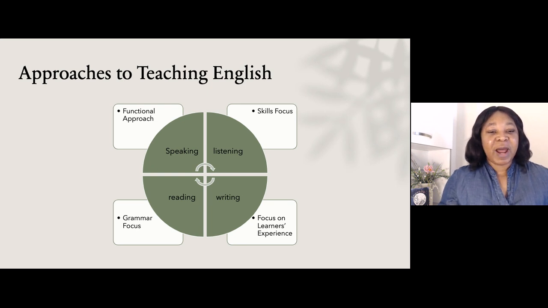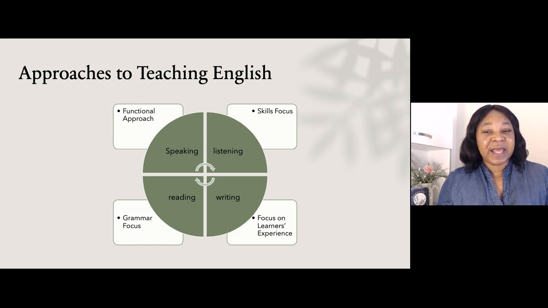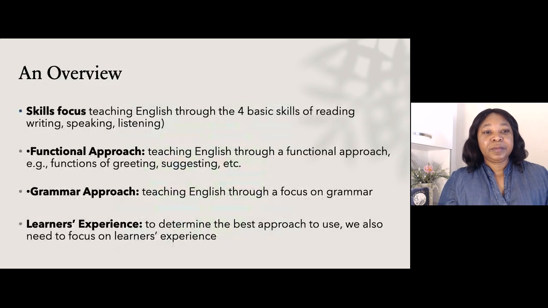We can focus on grammar, but in all of this, we must focus on learner's experience, which is relevant to general teaching and learning. So from TKT, you will find that we can transfer a lot of teaching methodologies or a lot of perspectives about teaching and learning to other aspects of teaching, whether you teach history, mathematics, or science, etc.